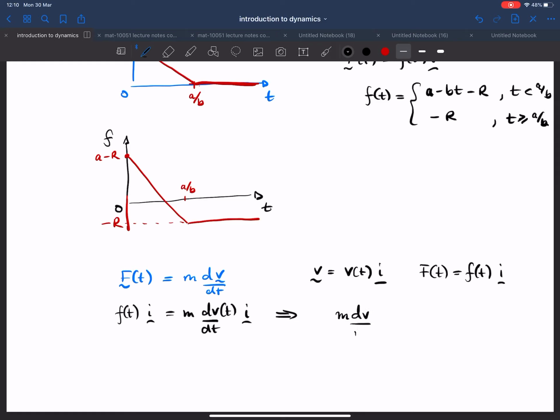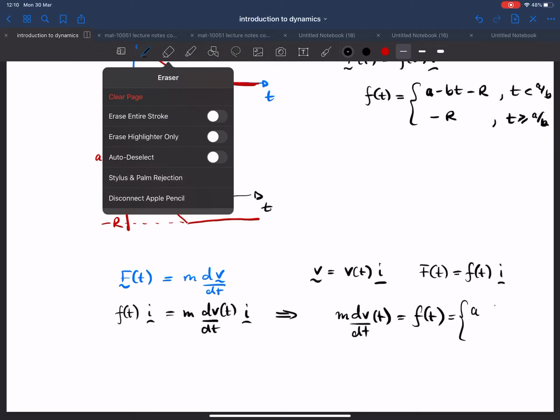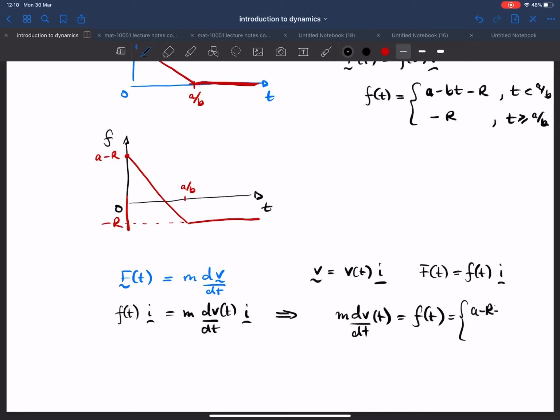Now, we've solved similar equations to this when we started looking at modelling with first order differential equations. Remember, the vectors are only equal if the components are equal. So if we think about F, then it is A minus R minus bt for t less than a over b, and minus R for t greater than a over b.